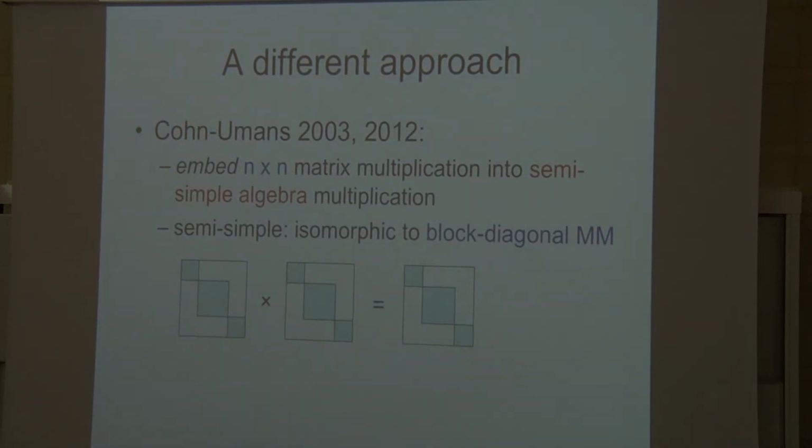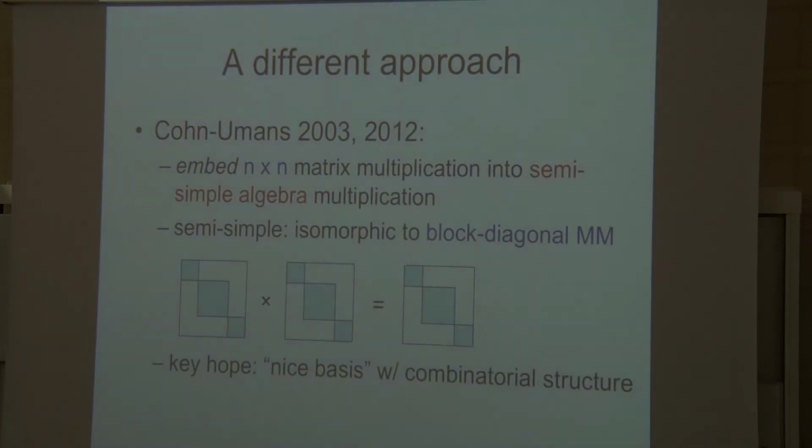And I'll tell you what that is. I don't assume that you know all of these phrases. A semi-simple algebra is an algebra in which multiplication is isomorphic to block diagonal matrix multiplication for our purposes. That is to say, multiplication in the algebra can be expressed as multiplication of matrices with this block structure.